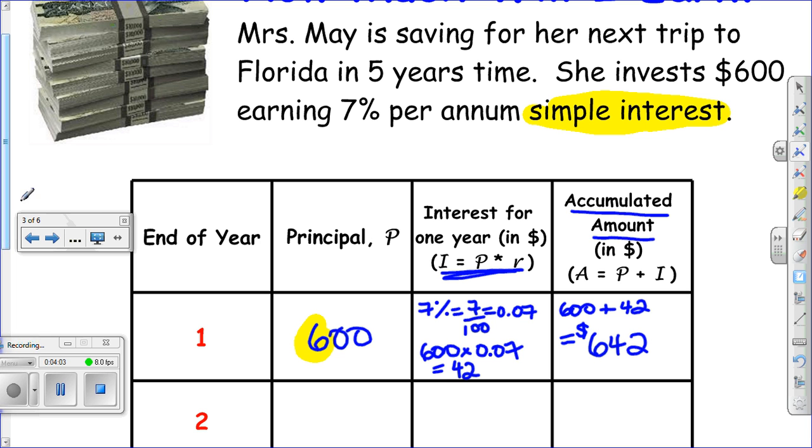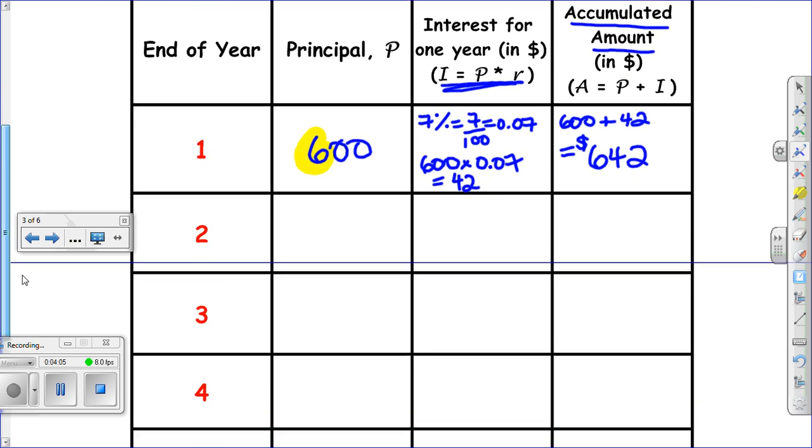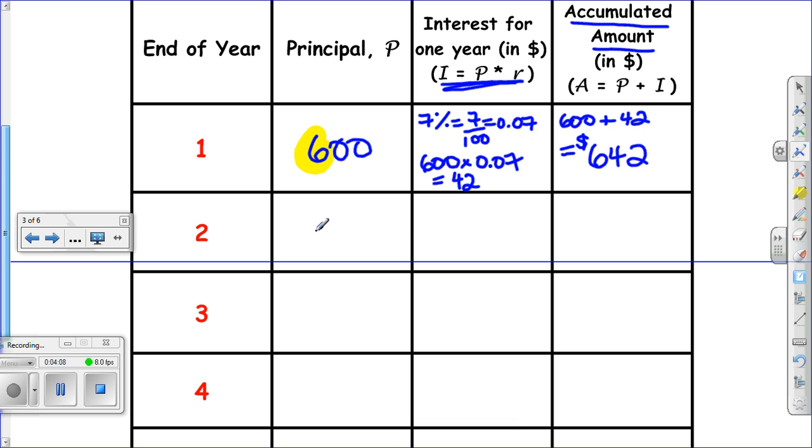Second year, her principal is now what she has at the end of the first year, which is $642. But her interest is not going to be calculated using her new principal because it's simple interest. When it's simple interest, unfortunately, you only get interest calculated on the original amount that you invested.